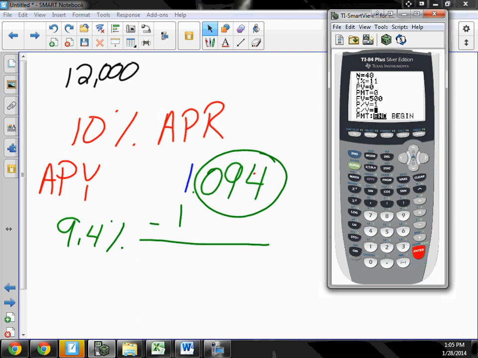How often is it compounded? Semi-annually would be 2. So if I put my payments per year as 1, then what is my N value going to be? 6 years, so I'm going to put 6. If your payments per year was 2, then you would put a 12 up there.